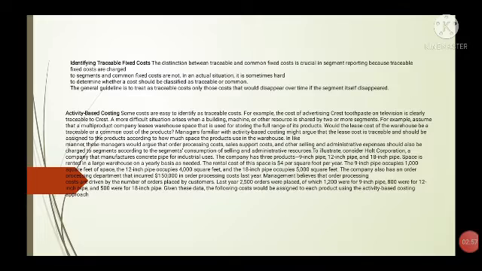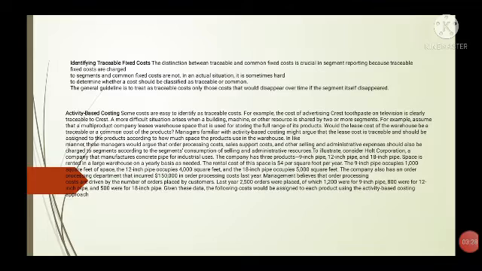For example, assume that a multi-product company leases warehouse space that is used for storing the full range of its products. Will the lease cost of the warehouse be a traceable or a common cost of the products? Managers familiar with activity based costing might argue the lease cost is traceable and should be assigned to the products according to how much space each product uses in the warehouse.